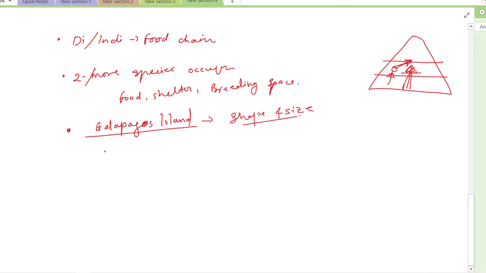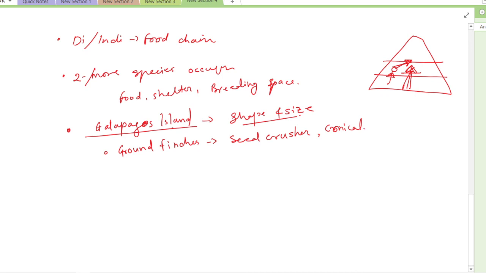These different forms are, first, ground finches, which are seed crushers with conical beaks.